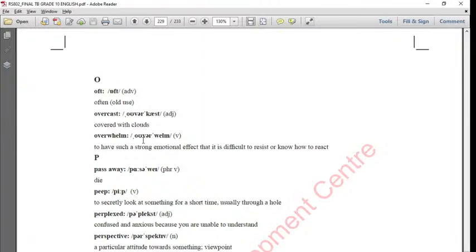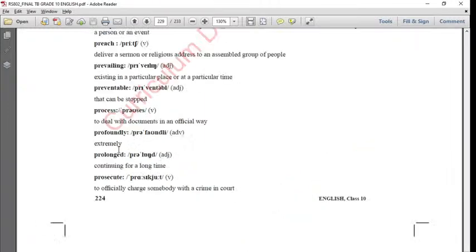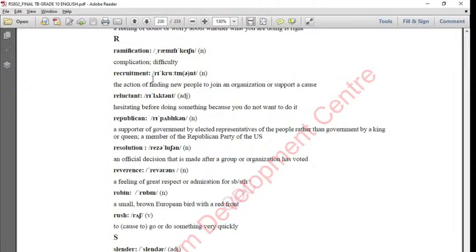and then that can be stopped, to deal with documents in an official way. And then we have profoundly, extremely, prolonged, continuing for a long time, prosecuted. Ramification, complication, difficulty. Ramification means complication, difficulty.